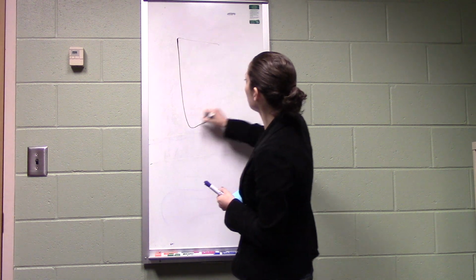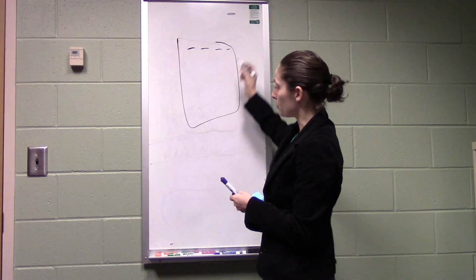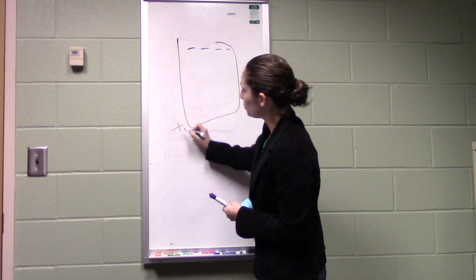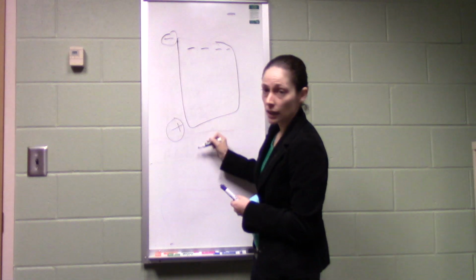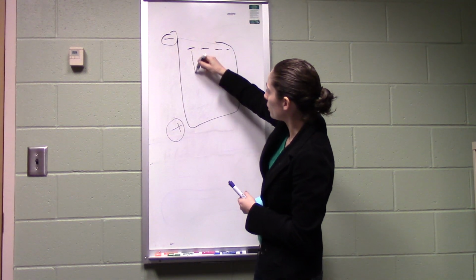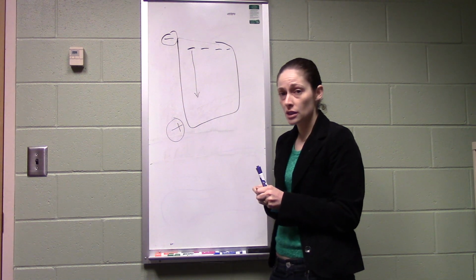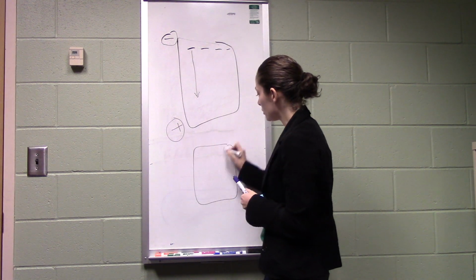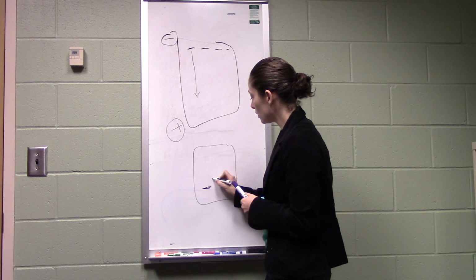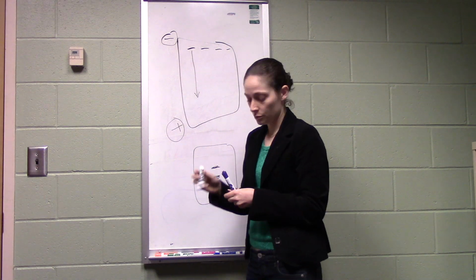So if you've got a gel and you load your DNA up at the top of the wells, if you apply a positive charge to this end, the DNA will go towards the positive end. And the shorter the DNA, the faster it will go. So at the end, you have a gel where your DNA comes out in bands based on its length.